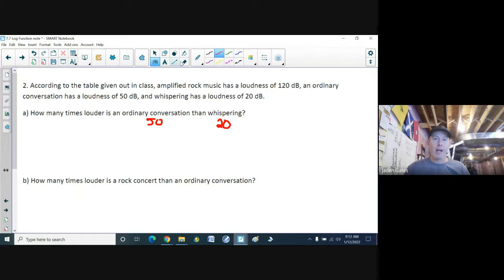Now, if I want to compare those two, again, I'm dealing with the decibel scale that goes up by tens. So I'm starting at 20. Then I got 30, 40, and then 50. Again, it's a logarithmic scale. Every time I make a jump up of 10, I'm multiplying by 10.